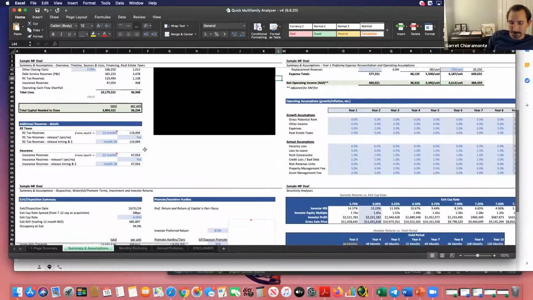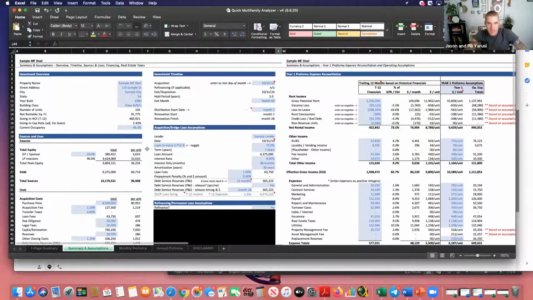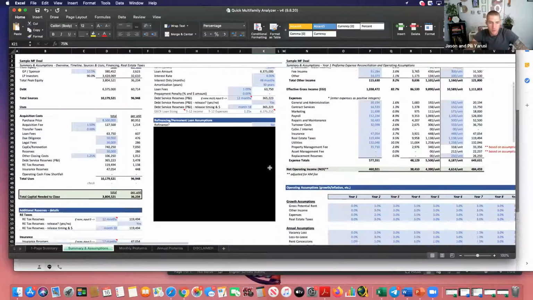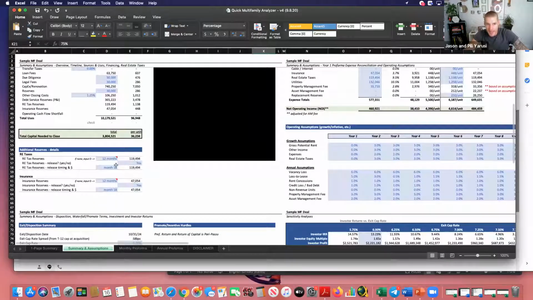The key points to take home with this is this gives you the opportunity to put in more loan segments besides just a standard loan to value. It gives you the opportunity to do a refi if you want, and to add reserves. Some of the question right now is, what do we do with these reserves? Do we play it where we don't need this money right away, so we're going to reuse this money as part of our capex later?